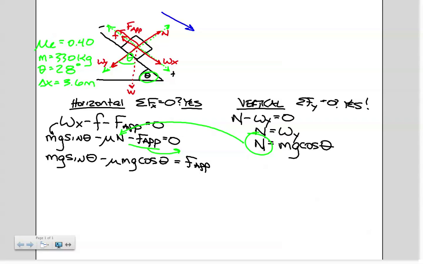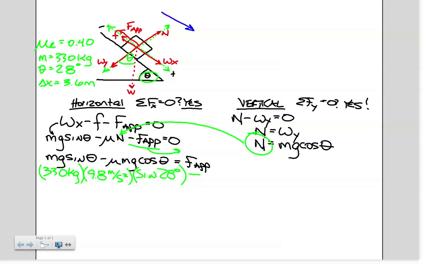Now I'm ready to do some substitution, so I can say that the mass, 330 kilograms, times 9.8 meters per second squared, times the sine of 28 degrees.